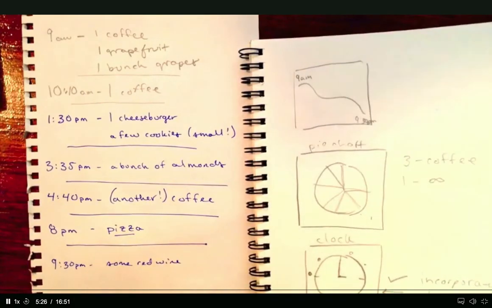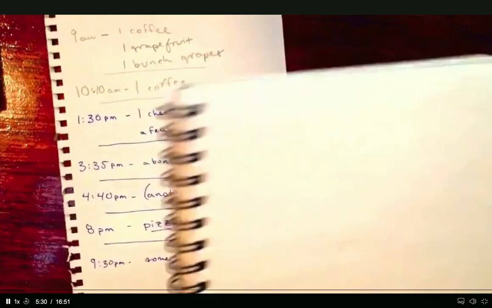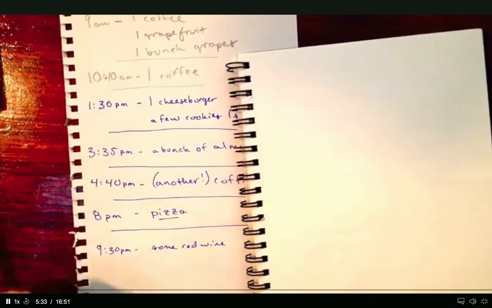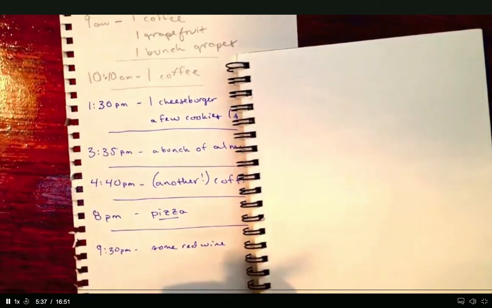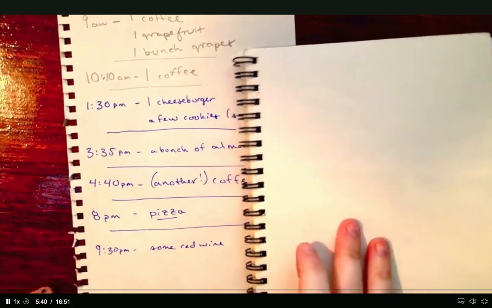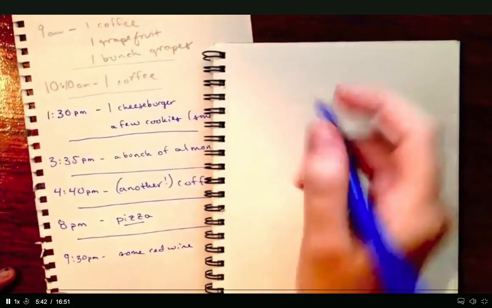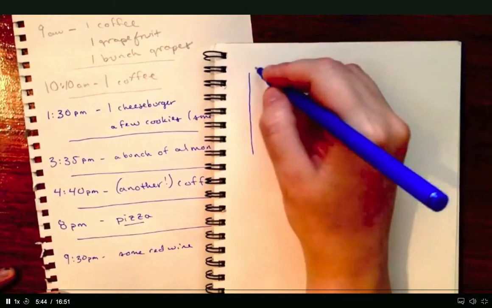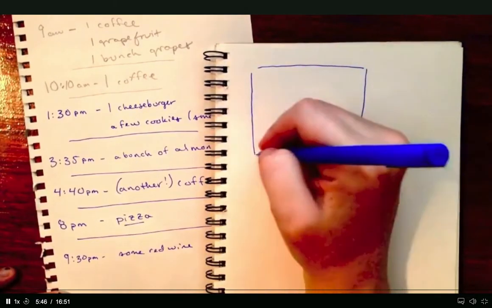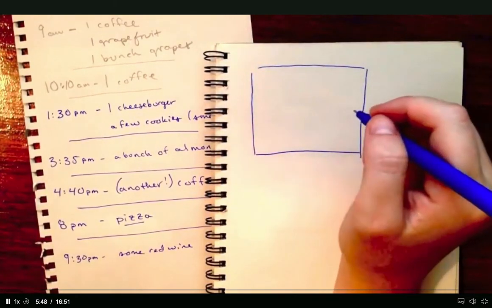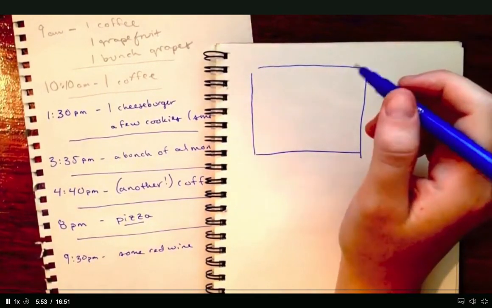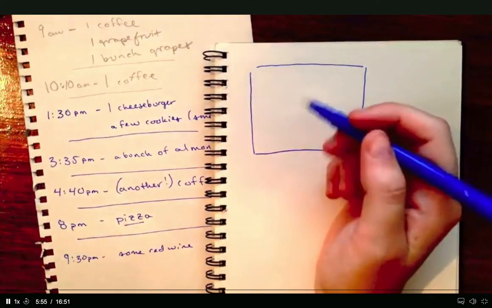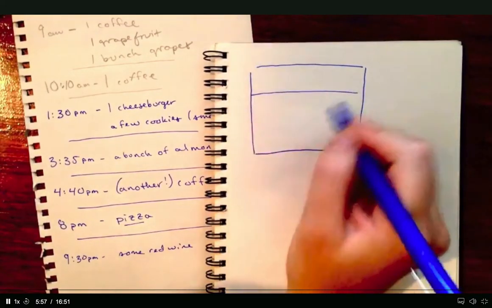Another way I can go through this information and tell the story, I'm just going to switch to a pen here so I don't shake the camera. Another way is I could do some sort of grid. I could do a 12-hour grid since it's only 12 hours, or I can do 24-hour, but for right now we'll start with a 12-hour grid.